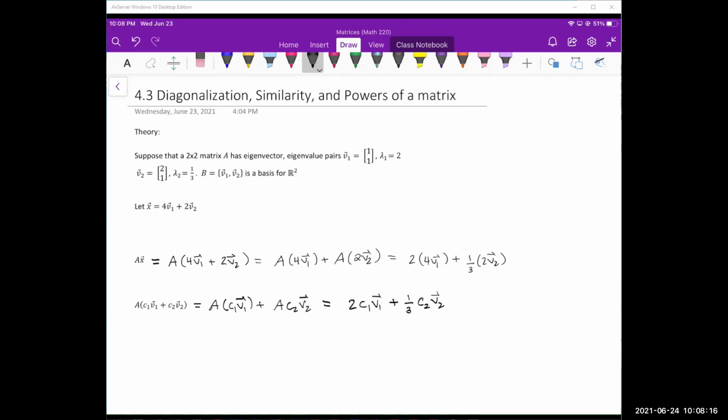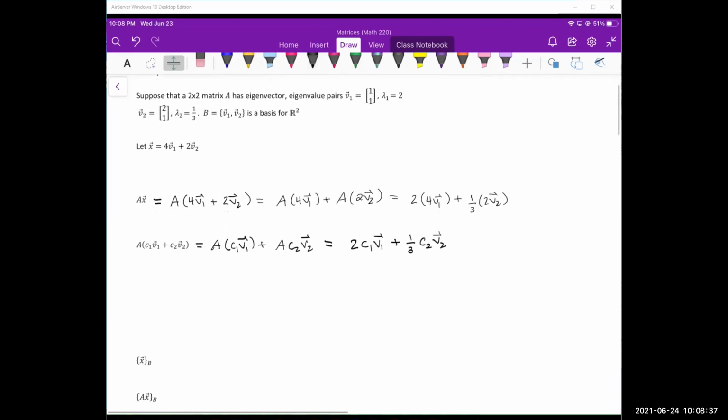Okay. So we see that something's going on with the coordinates here. If we were to write these vectors in terms of this basis, v1 and v2, there's a strong pattern of what's going on. Just a quick reminder of what that looks like.